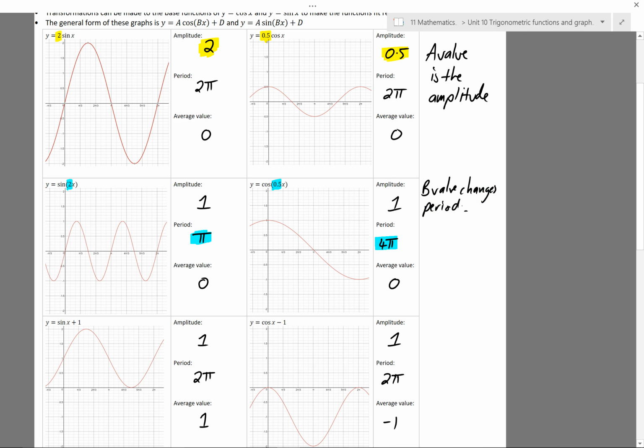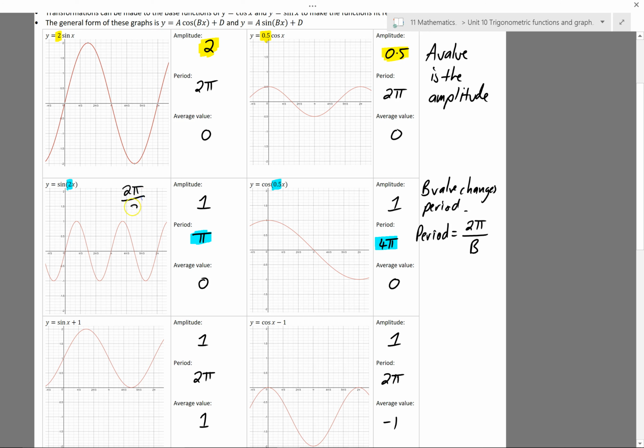Okay, but there's a 2 and my period is pi. There's a 0.5 and my period is 4 pi. I need to know what the relationship between those two numbers is. Okay, the relationship is that the period is going to be 2 pi divided by whatever that b value is. We can test it on the first one.